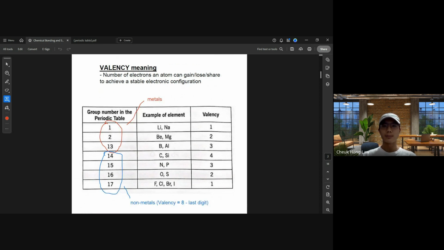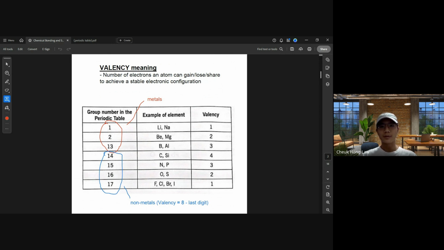So let's look at this table here. Group 1, 2, and 13 are your metals. For these, from group 1 to group 13, the valency will basically be the last digit. So group 1, valency is 1, group 2, valency is 2, and group 13, the valency is 3.